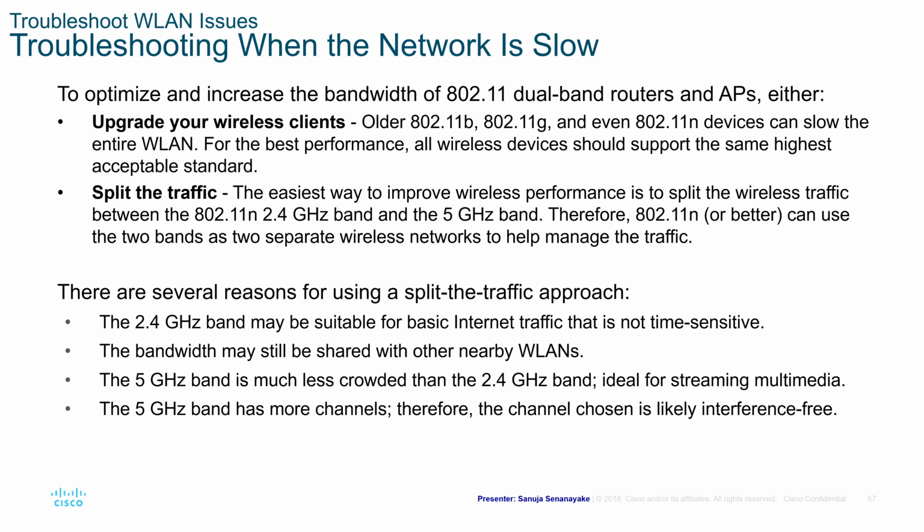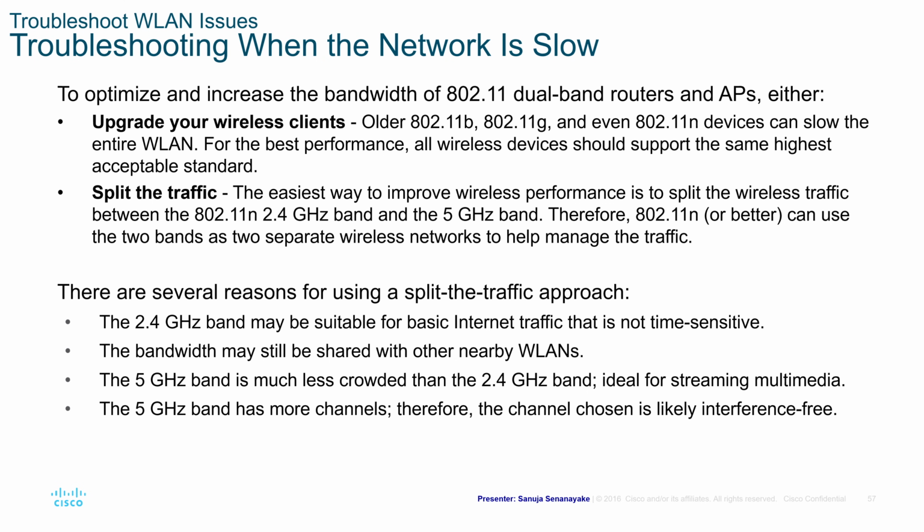Troubleshooting when the network is slow. To optimize and increase the bandwidth of 802.11 dual band routers and APs, we have to either upgrade your wireless clients or split the traffic. Older 802.11b, 802.11g, and even 802.11n devices can slow the entire WLAN.